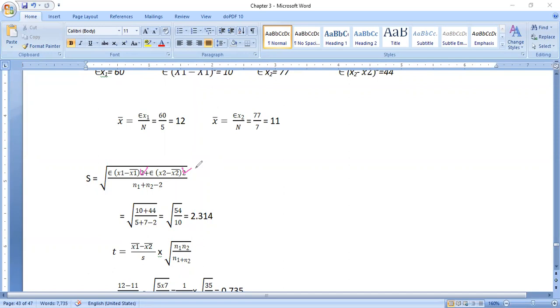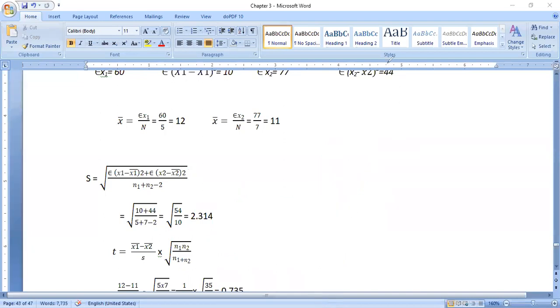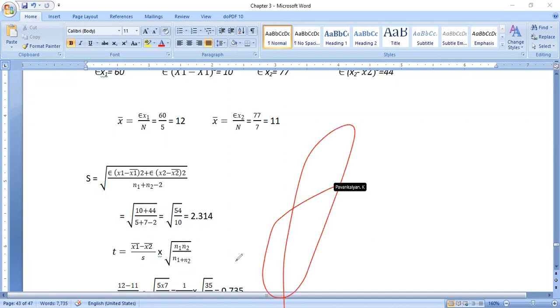Then the calculation part will be done. After the calculation is completed, S is equal to 2.314. Then what is our formula? t is equal to x bar 1 minus x bar 2 by S into under root n1 into n2 by n1 plus n2.